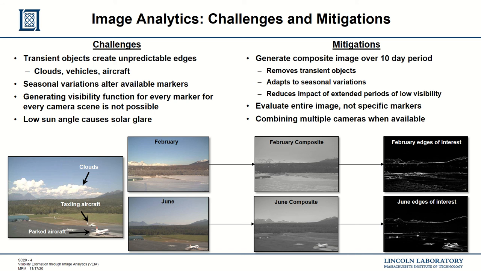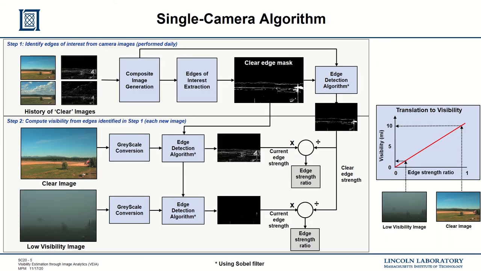As usual, the algorithm flowchart shown here can be complicated, but let me focus your attention to the 2 main components of the algorithm. First, across the top is a depiction of the composite generation process. The algorithm saves a history of images that are deemed clear data images, and then on a daily basis creates a composite and identifies the most prominent edges to create a clear edge mask.